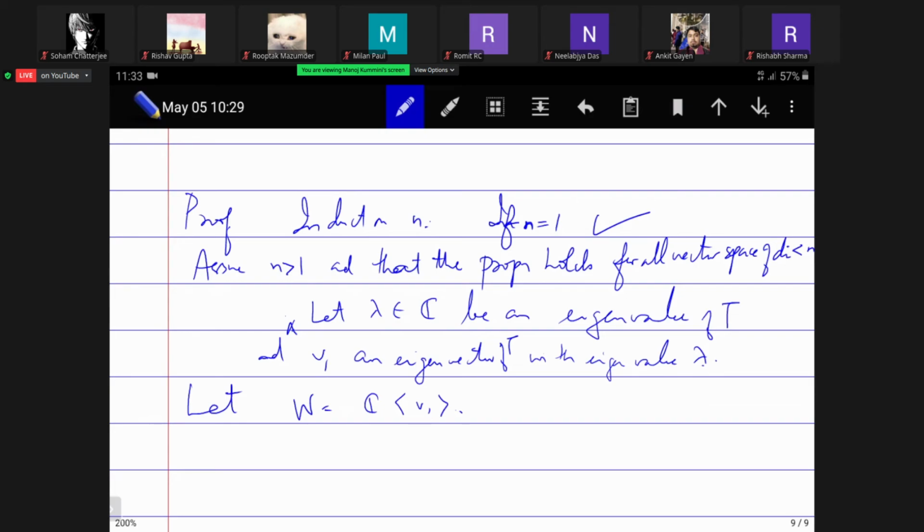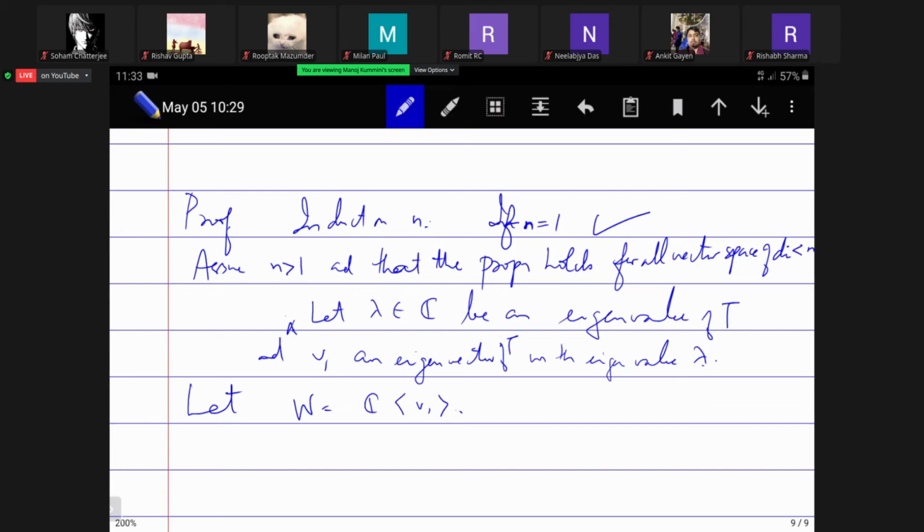We are making a statement about positive integers: that for every positive integer n and for every complex vector space V of dimension n, some property holds. So we are recasting the assertion as a statement about positive integers, and therefore we can use induction.